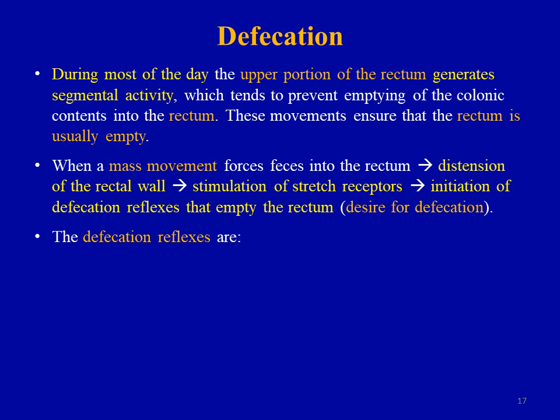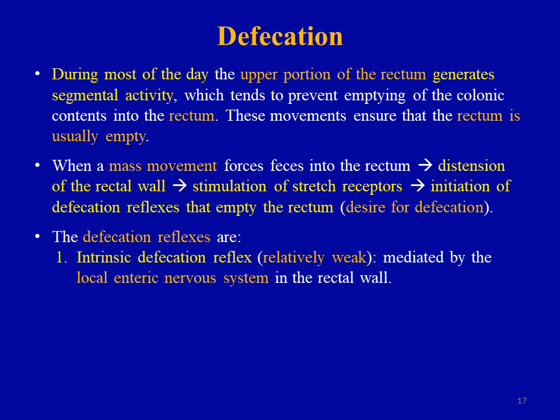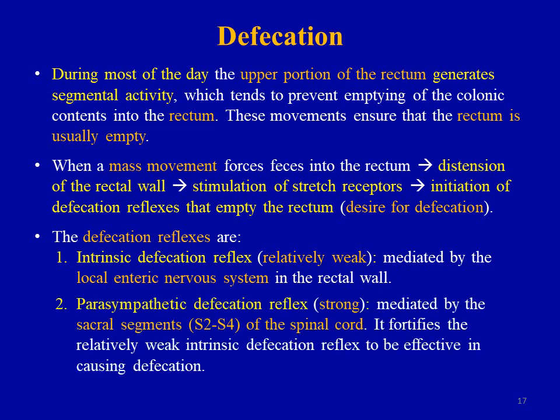So these two defecation reflexes are the intrinsic defecation reflex, which is relatively weak. It is a local reflex that happens at the level of the wall of the large intestine. It is mediated by the local enteric nervous system in the rectal wall. Again, the intrinsic defecation reflex is relatively weak, and it needs the support of a stronger defecation reflex to ensure defecation.